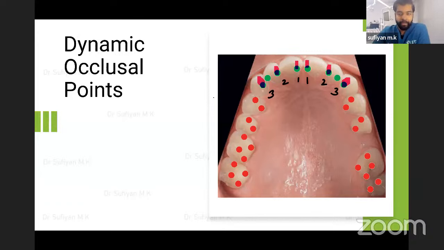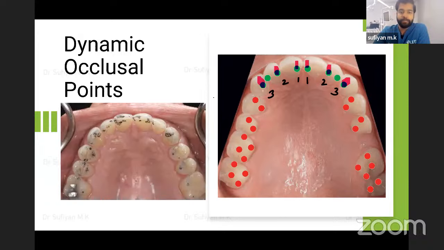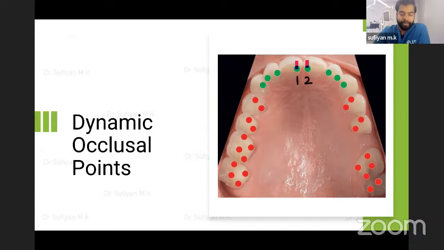Okay, so if you don't get 6, at least 4 is near to ideal, or at least 2 occlusal points in the anterior when the mandible is in protrusion is acceptable, but not 1. One maxillary incisor guiding the whole of the mandible is not acceptable.